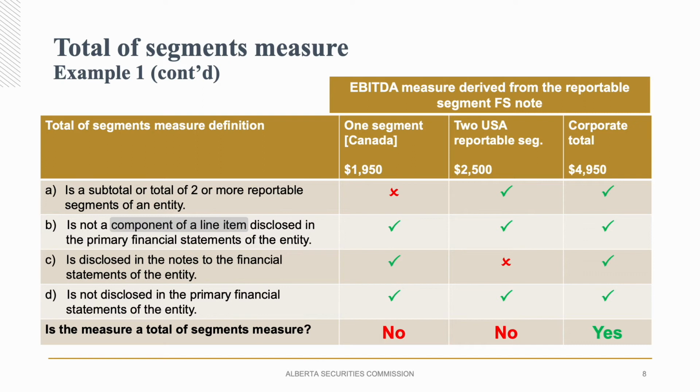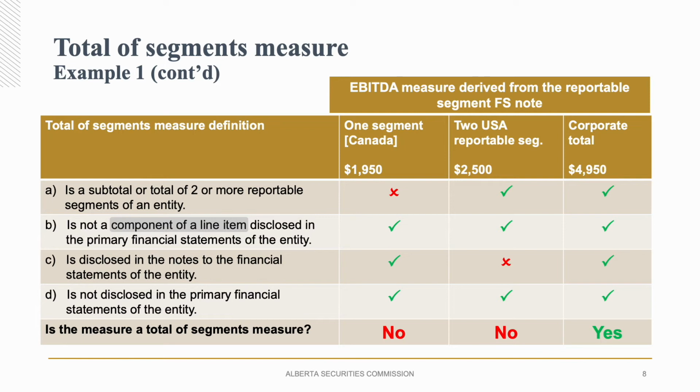One aspect that we continue to get questions on is paragraph B, and whether EBITDA, which is net income less interest, taxes, depreciation, and amortization, is a component as it is calculated from various financial statement line items making up net income.